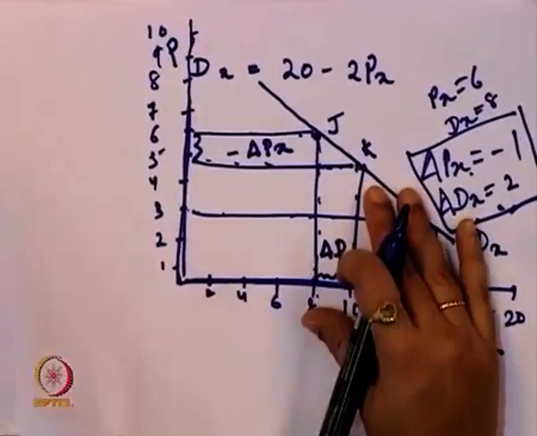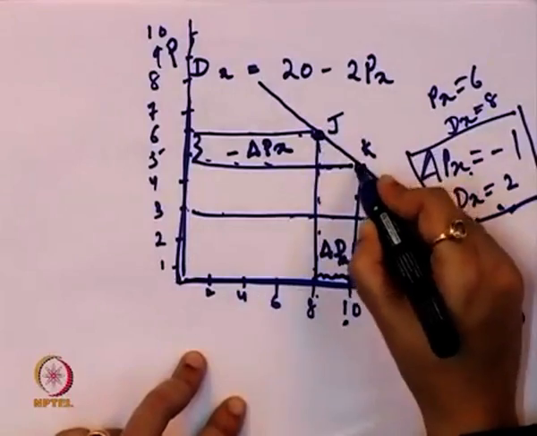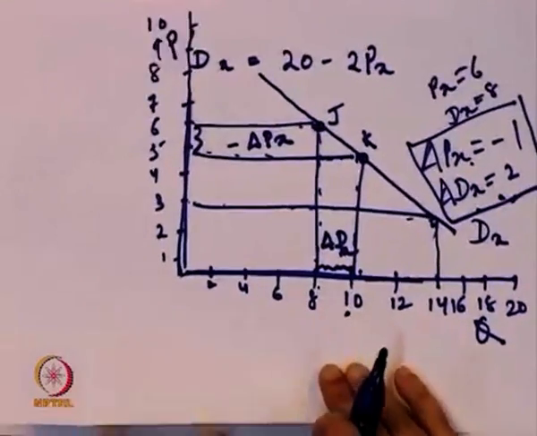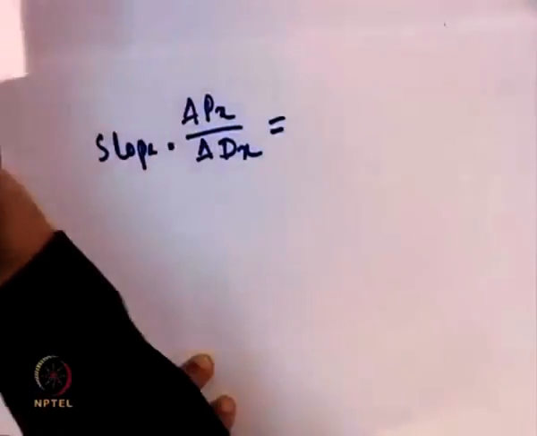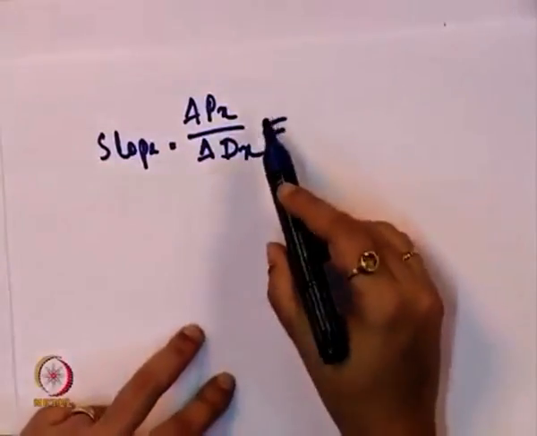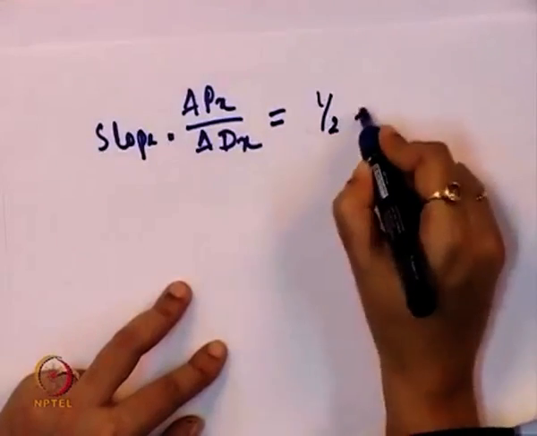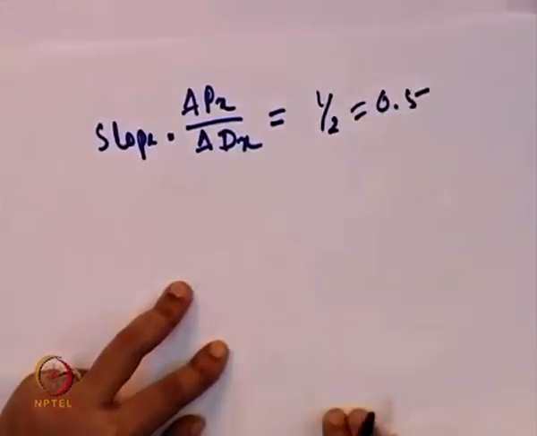If you see the previous graph, these are the points j and k. So, through this ratio we can find out the slope between the 2 points j and k, and this becomes 1 by 2 which is equal to 0.5.